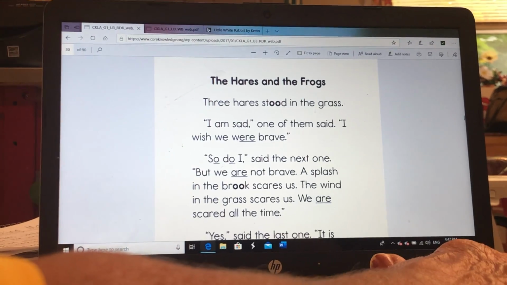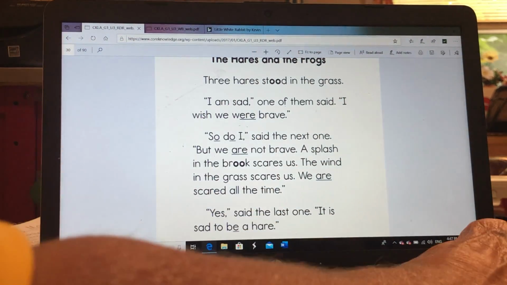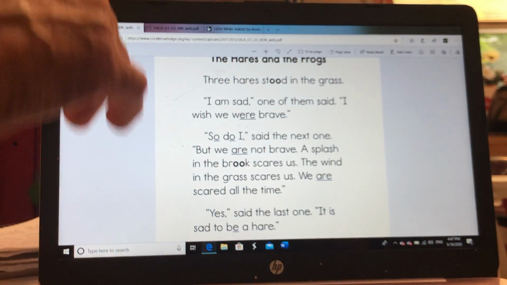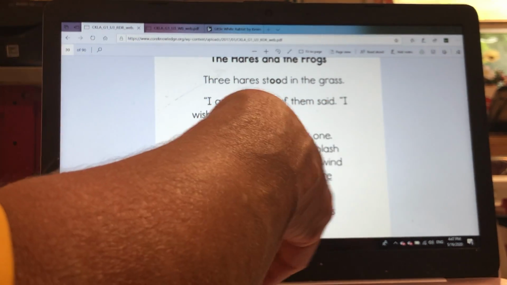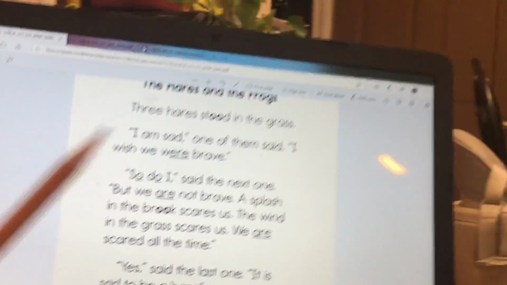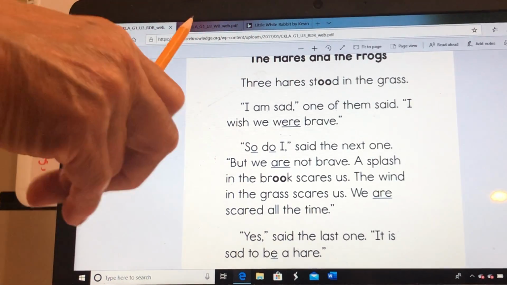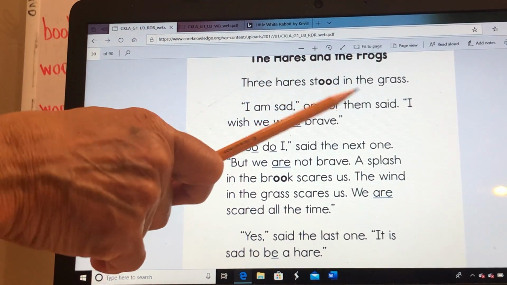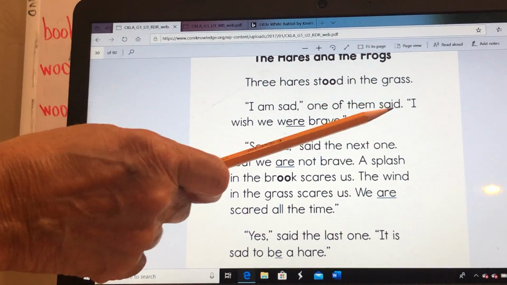Three hares stood in the grass. I am sad, one of them said.